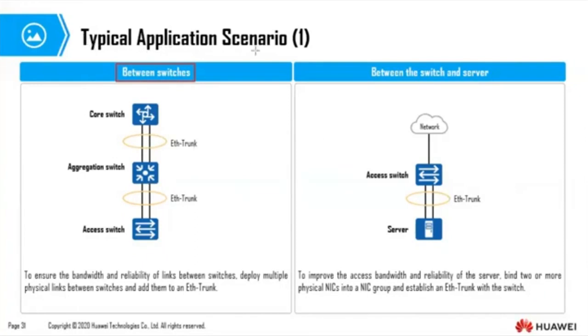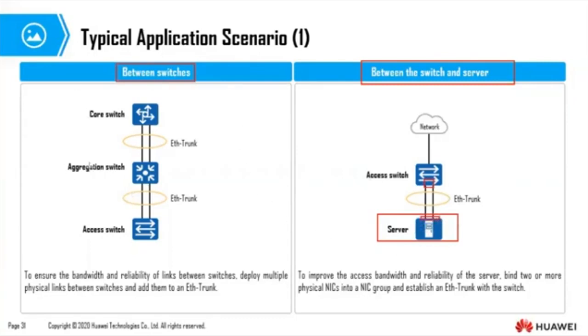Okay, so the typical application scenario: where do you do Ethernet trunking? You can do it between switches, or between a switch and a server. As we've already learned, if you create an Ethernet trunk, you increase bandwidth. Servers are accessed by many people in the network, so we want to increase the bandwidth so that we do not have congestion on the interfaces.